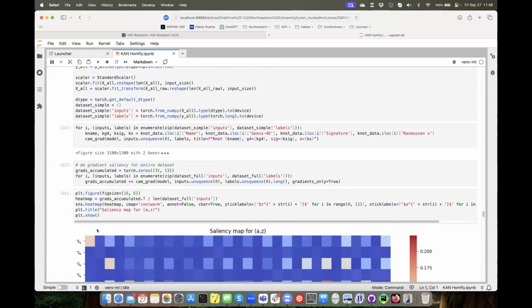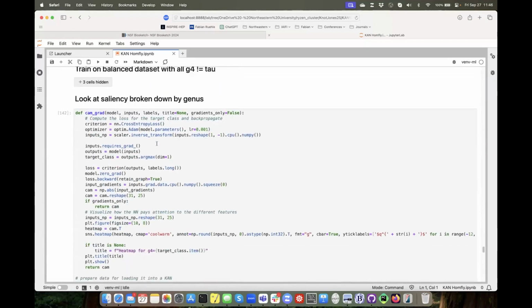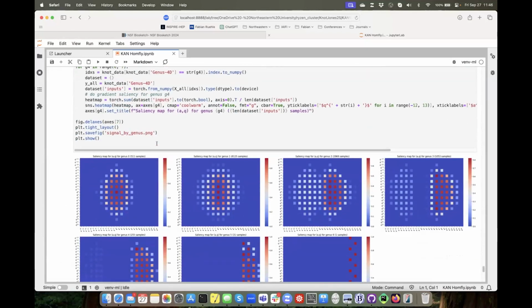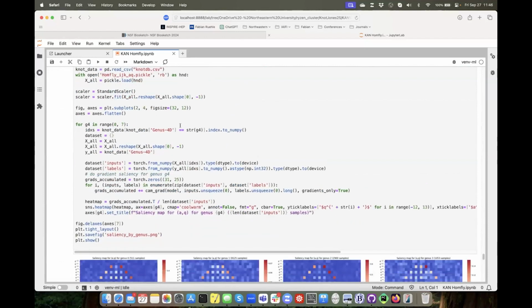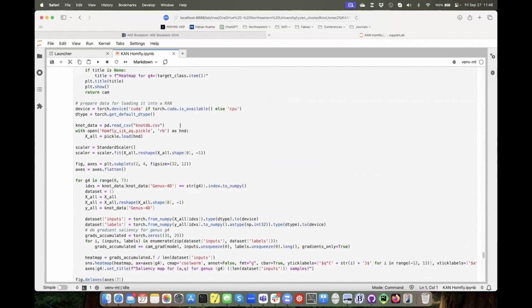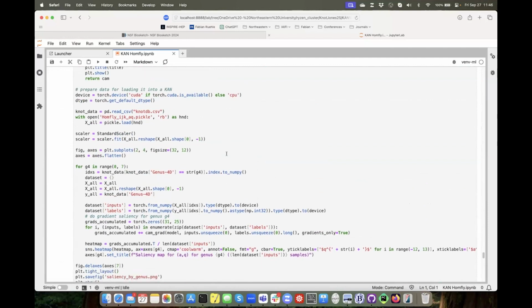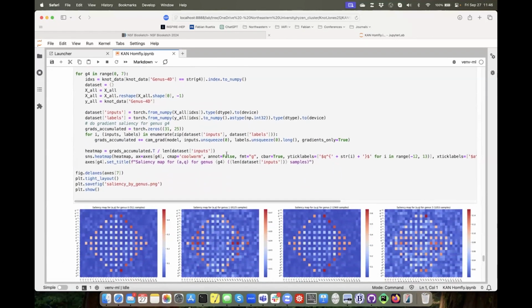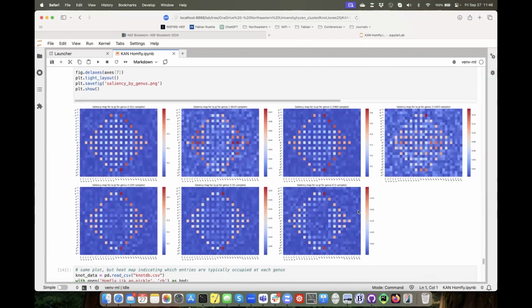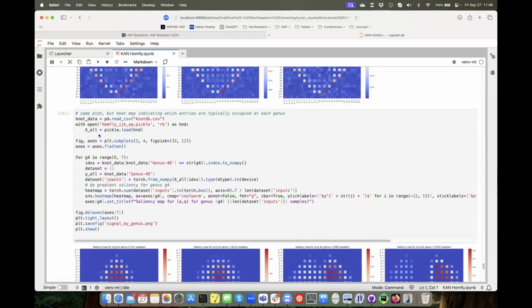So my point is, now I plotted... let me go to this. I did a gradient saliency analysis to see what type of coefficient it uses to detect the genus in its classification, and I get pictures like this.